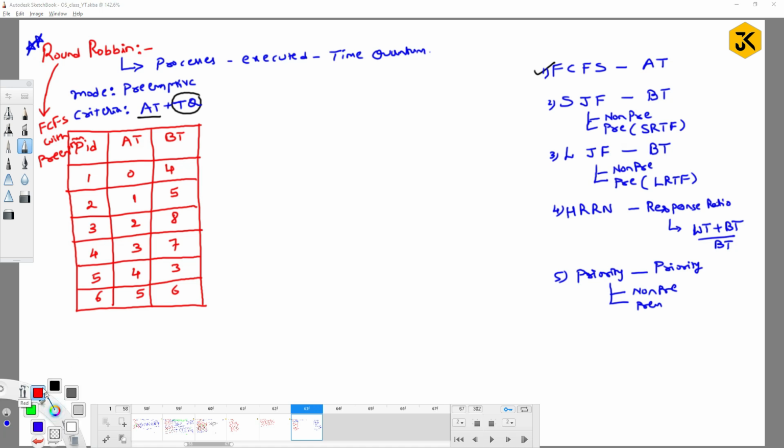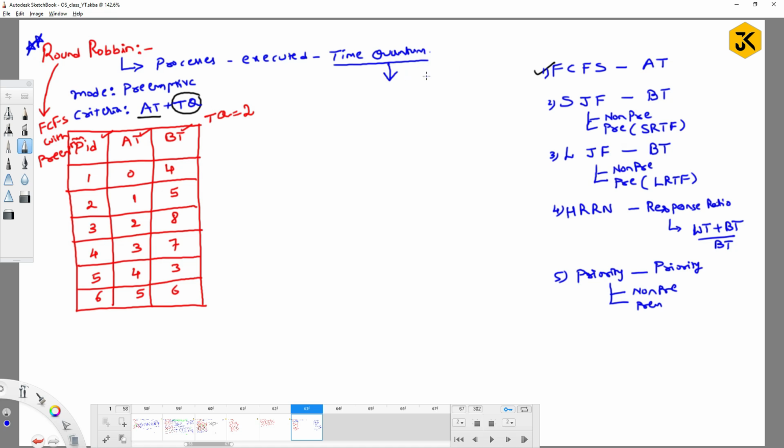Here they have given a data set, and the data set contains process ID, arrival time and burst time. If you want to work with the round robin algorithm, you need a time quantum also. Time quantum is 2. In general, time quantum means the amount of time a process stays in the CPU.